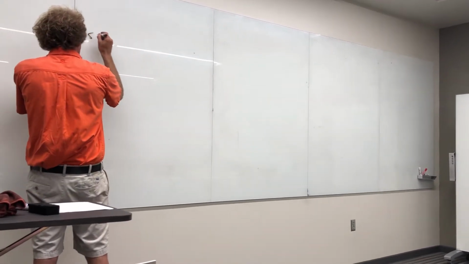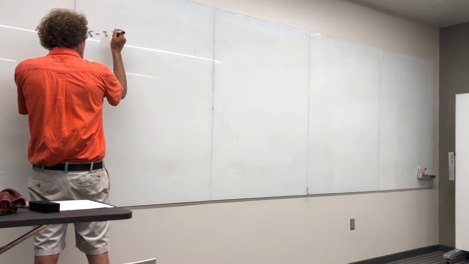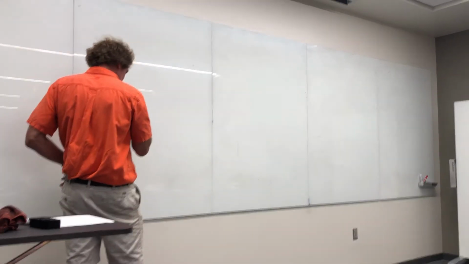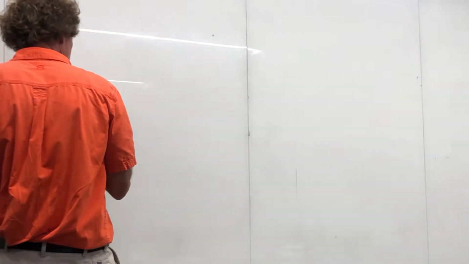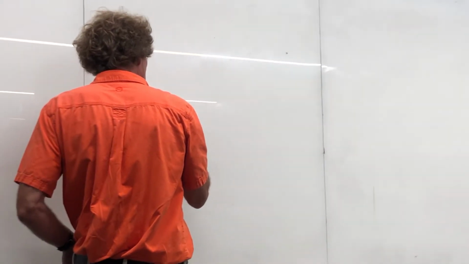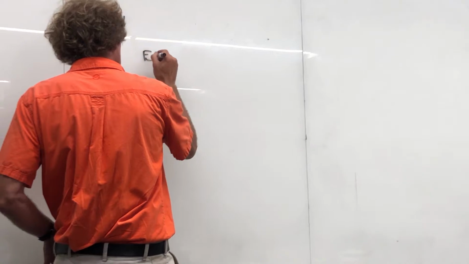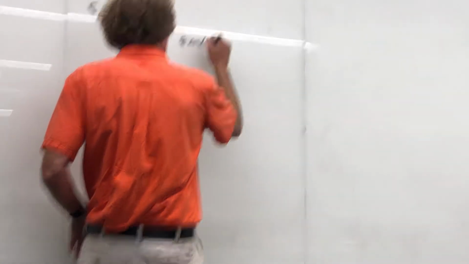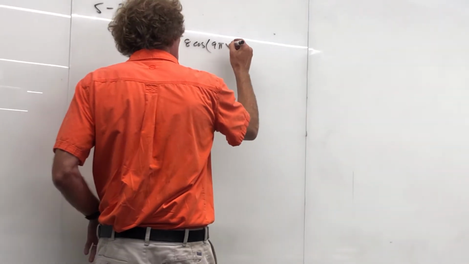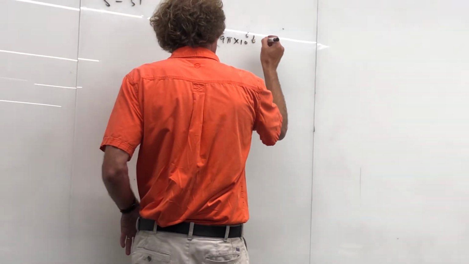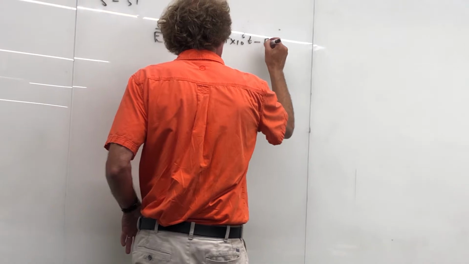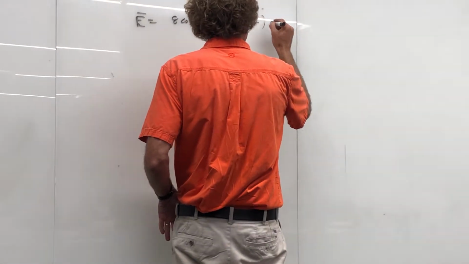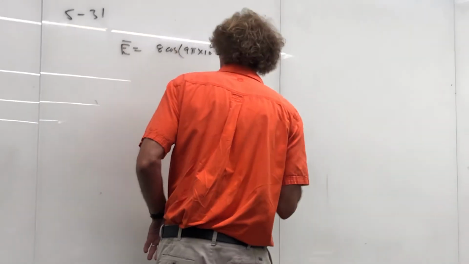Is it 31, did you say, or 35? 31. Okay, go ahead. Given at some point distance from a source at the origin in free space, the E field of r, t equals 8 cosine(9 pi times 10 to the 6 t minus beta r) in the direction of theta, in volts per meter.